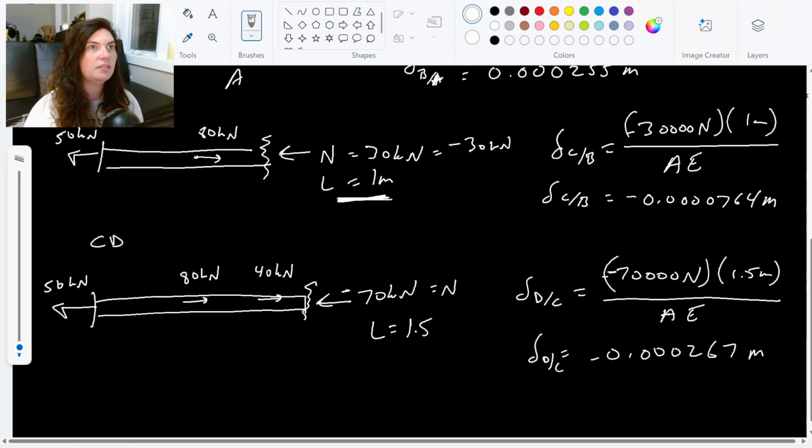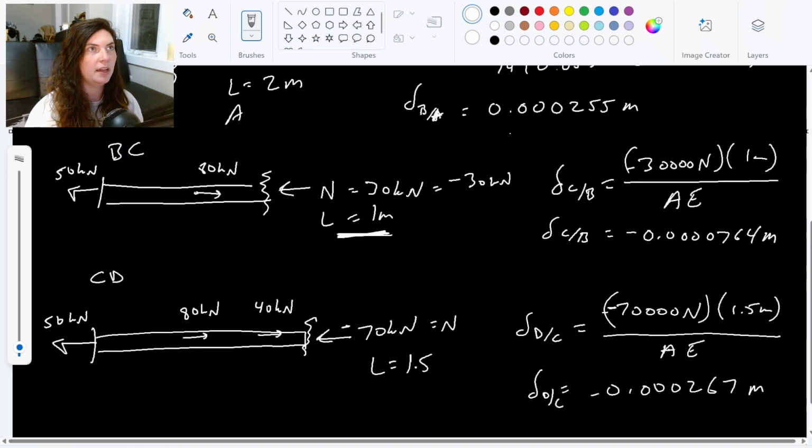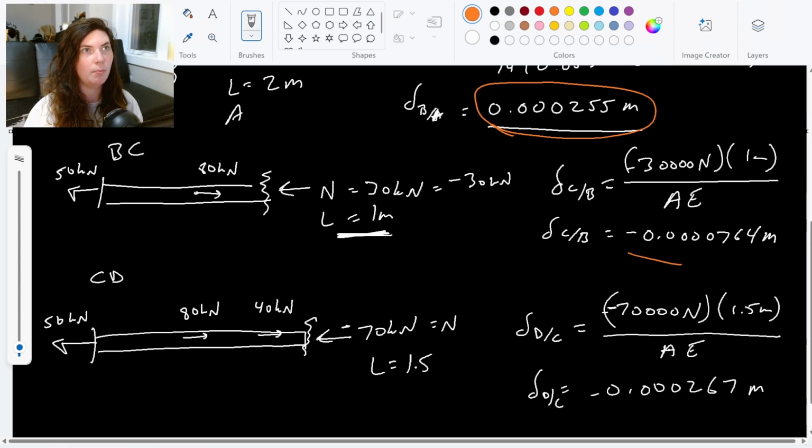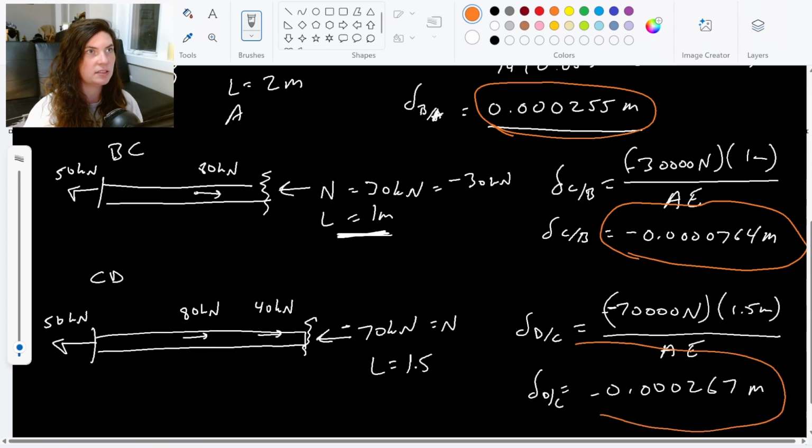So if I add all of these together, my 0.000255 plus, let me circle these. 0.000255 minus 0.0000764 minus, and only minusing just because these are in compression, so they have minus signs on them, 0.000267.